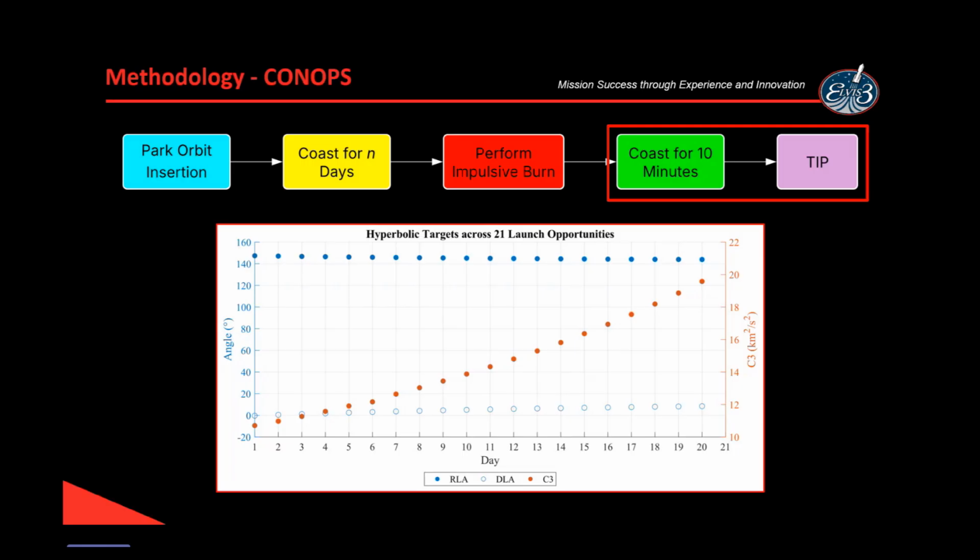What will be minimized is the out-of-plane component. So if you were to loiter for 26 days, you would precess back into alignment. So there wouldn't be any out-of-plane components. So in a way, it would be minimized, but it wouldn't be optimal. It's still going to be best to burn as soon as you can because of those C3 targets.